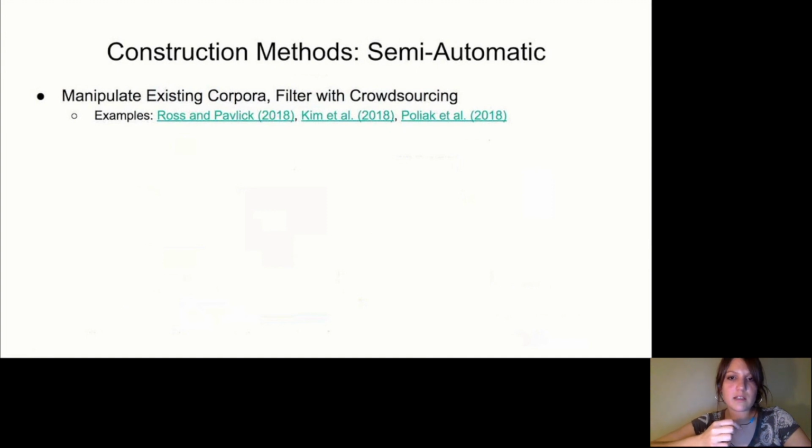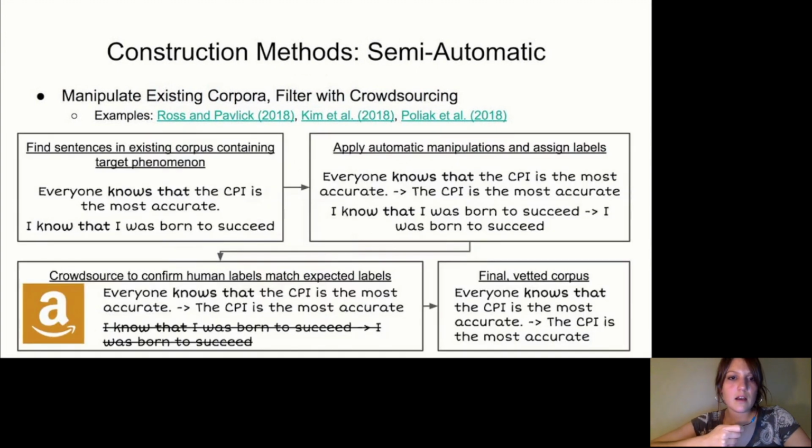And so we can go in and take those sentences and manipulate them in targeted ways. One example, coming from work with Alexis Ross from last year, was where we were trying to look at factive verbs. We could pull out sentences from naturally occurring corpora that contained factive constructions, and then parse them and manipulate them in specific ways. So we'd get something like, everyone knows that the CPI is the most accurate, or I know that I was born to succeed, and then we can add negations and pull out underlying clauses.